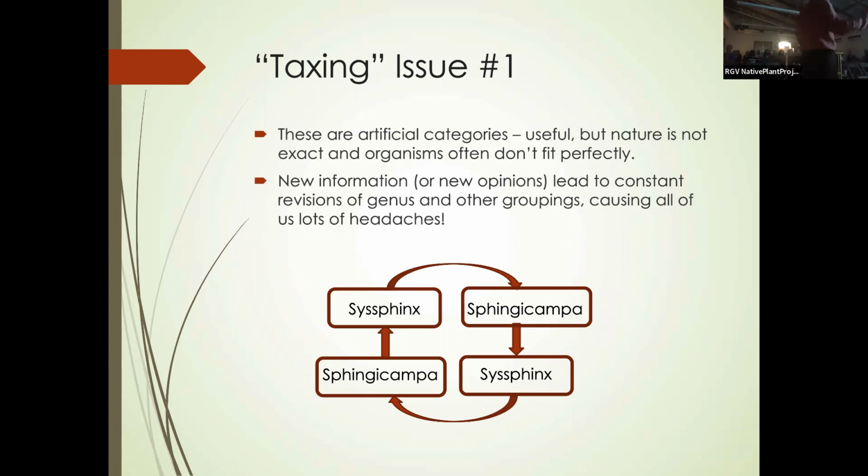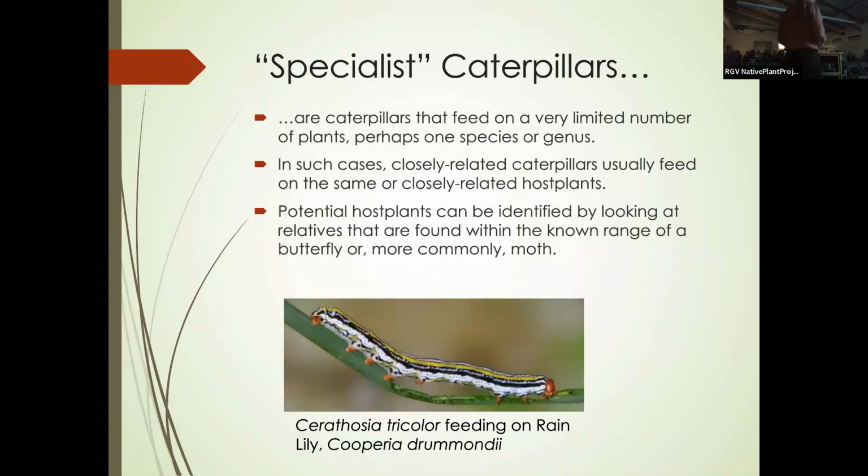And when we use taxonomy to find the caterpillars, we're looking for what are called specialists. They feed on only 1 or 2 or 3, a very limited number of species of plants. And because they're getting certain molecules that are only in those few species, other caterpillars in the same genus will probably feed on similar or even the same plants.